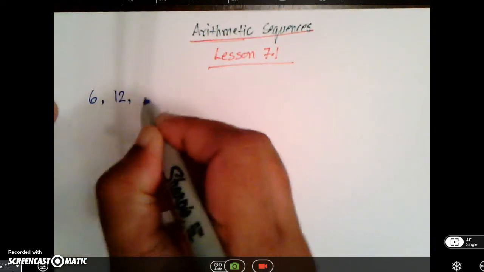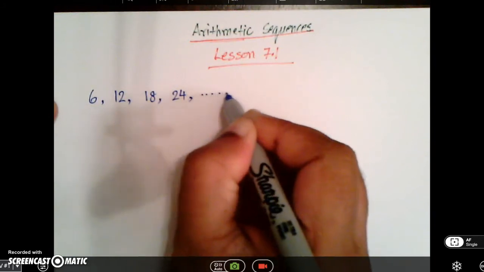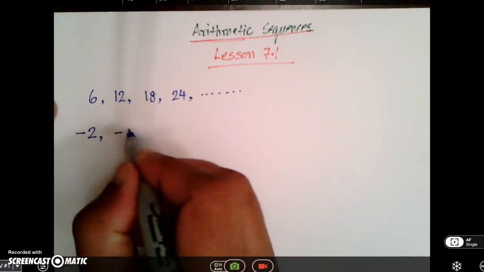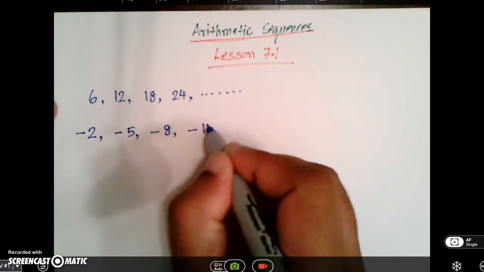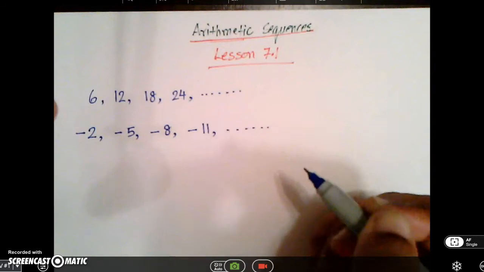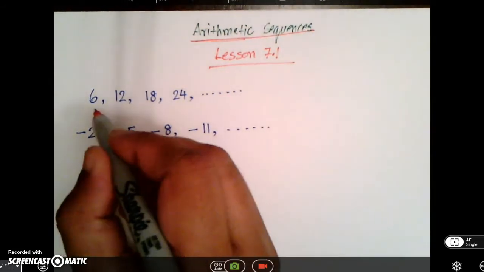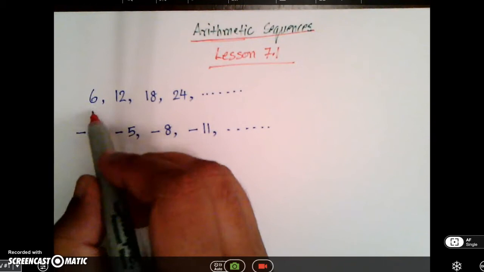6, 12, 18, 24, and so on. Say -2, -5, -8, -11, and so on. If I look at my arithmetic sequence, the terms are there in the sequence.